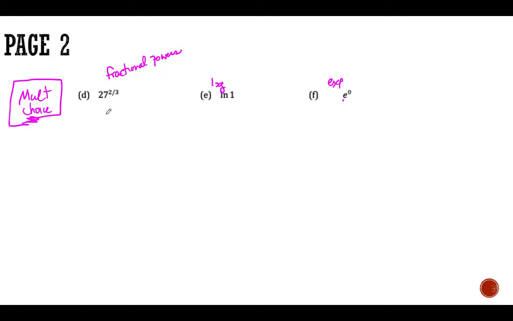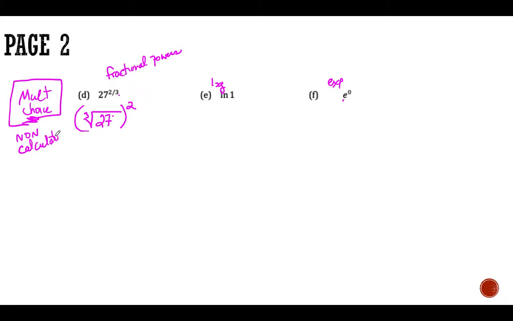You have to know the radical rules, and you have to know that 27 to a fractional power is actually a radical. And it is a radical where the denominator is in here, and the numerator can either be on the inside, or it usually is easier on your brain to be on the outside. And again, this is for multiple choice, non-calculator.